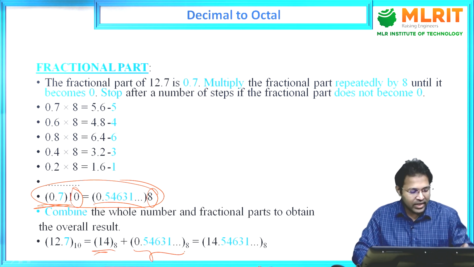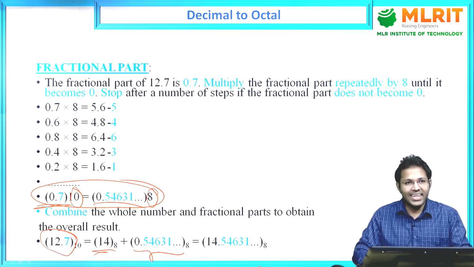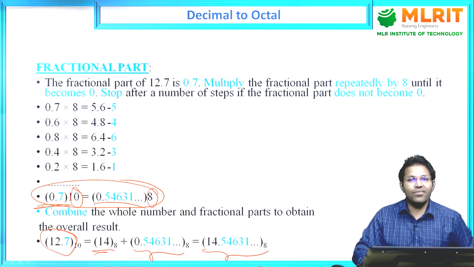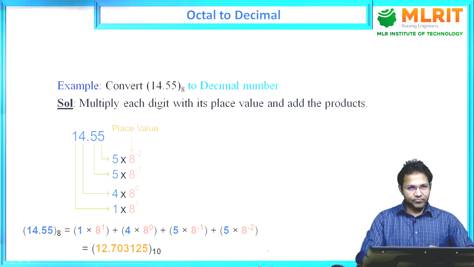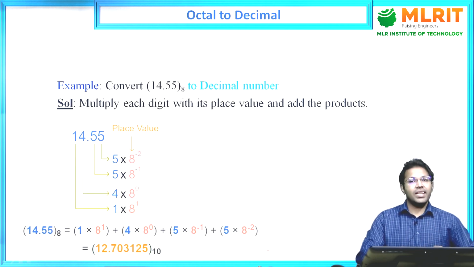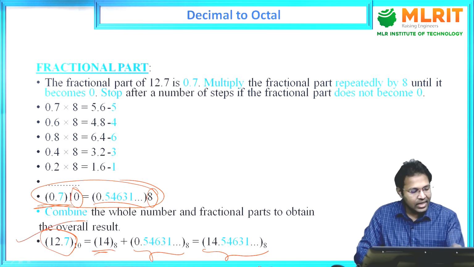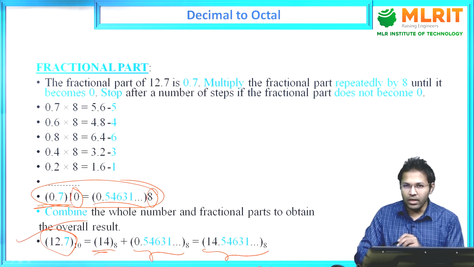Combine both together. So that gives us 12.7 to the base 10 is equal to 14.54631 and so on, to the base 8. So we have successfully converted this decimal number to an octal number.